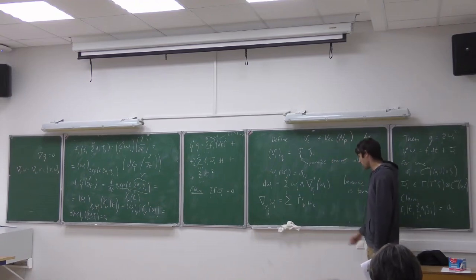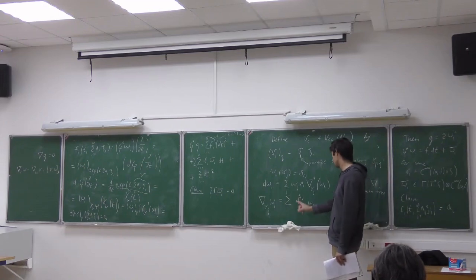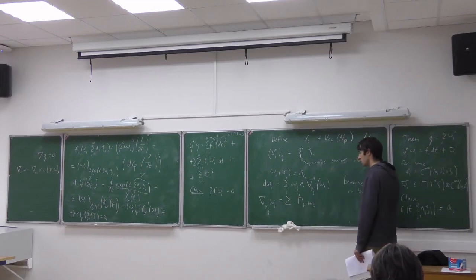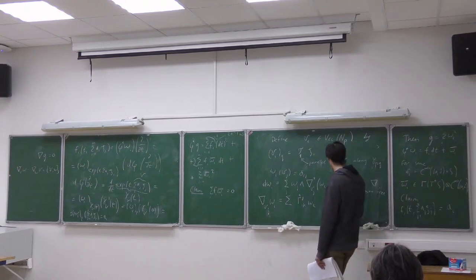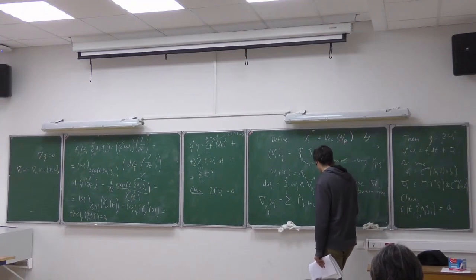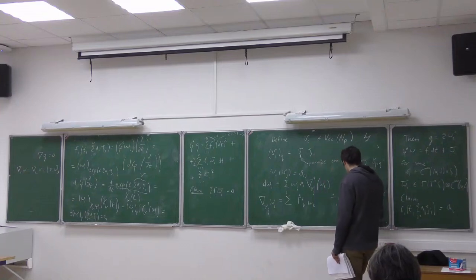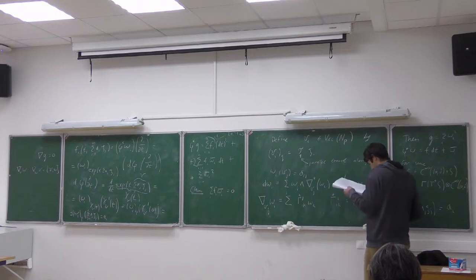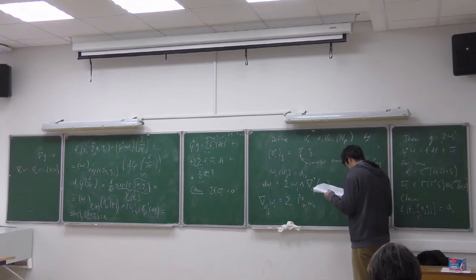Okay. But then we need to remember how this is expressed through usual gamma, usual Christoffel symbols for this connection, right? Well, gamma star i k j is just gamma minus gamma i j k.